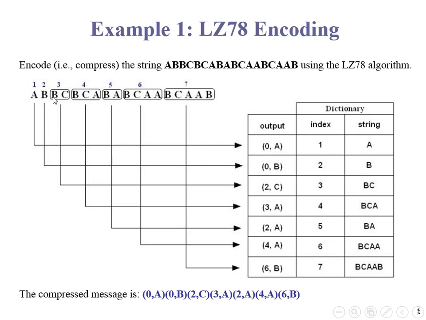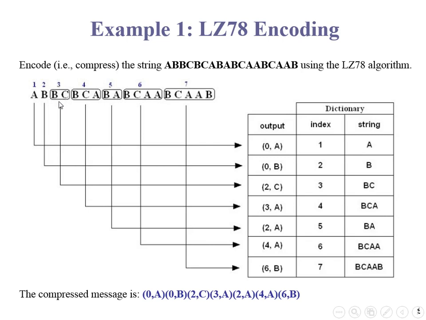Now go for the third character, B. B is in the dictionary. It was encoded before. Therefore, we can't encode it alone. We will continue adding a character to form the string BC. BC as a string is not in the dictionary.